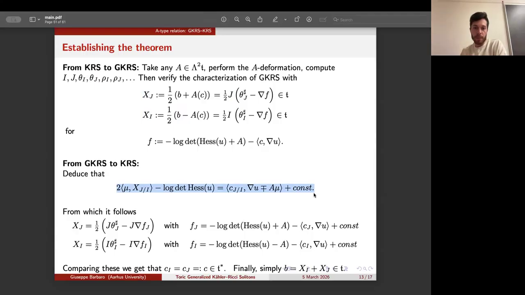If I sum them here, I get xi plus xj, which is b. This stays the log determinant of the Hessian. This is c, which is the same for both of them. Here, this one is erased because one time is plus, the other one is minus. So we only have this. And this is precisely the Monge-Ampère equation of the Kähler-Ricci soliton.